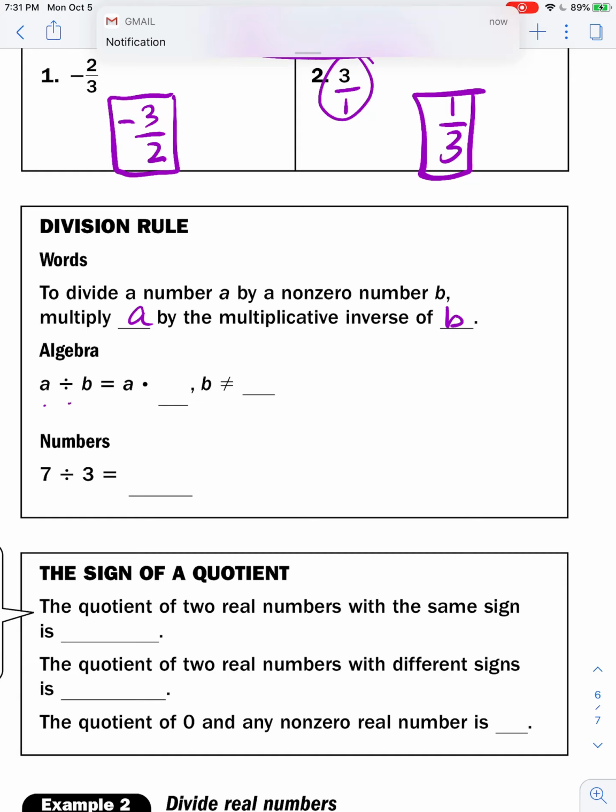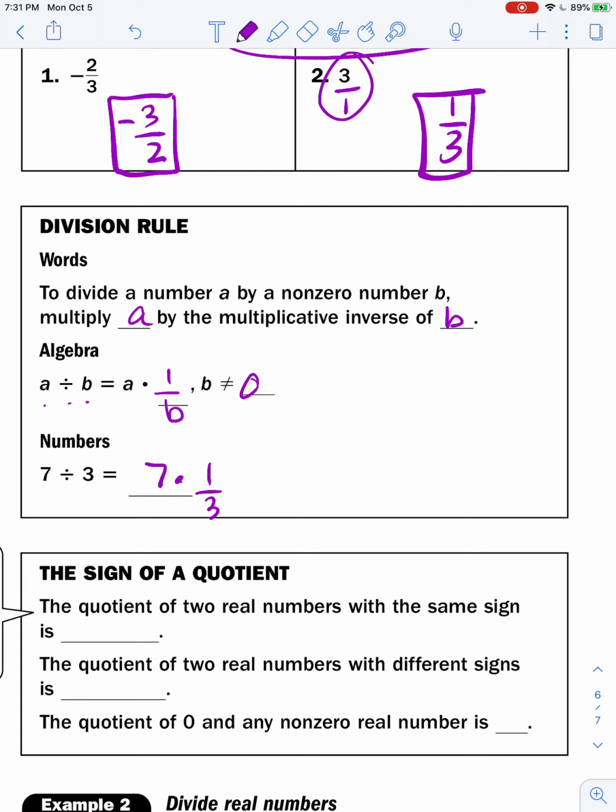It means that when you're asked to do a divided by b, you can just do a times 1 over b, as long as b is not 0, because the whole problem will become 0 then. So if you're supposed to do 7 divided by 3, you can turn that into 7 times 1 over 3. Thinking of 7 as 7 over 1, I multiply the tops, I multiply the bottoms, and my answer just stays as 7/3.